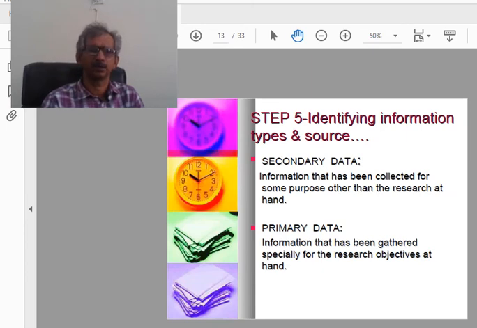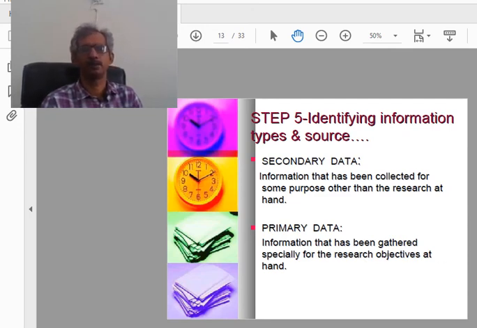Secondary data is data or information that has been collected for some purpose other than the research at hand. It means this is data which has been collected by someone else in the past for another study, or any kind of written report or research document is treated as a secondary source.